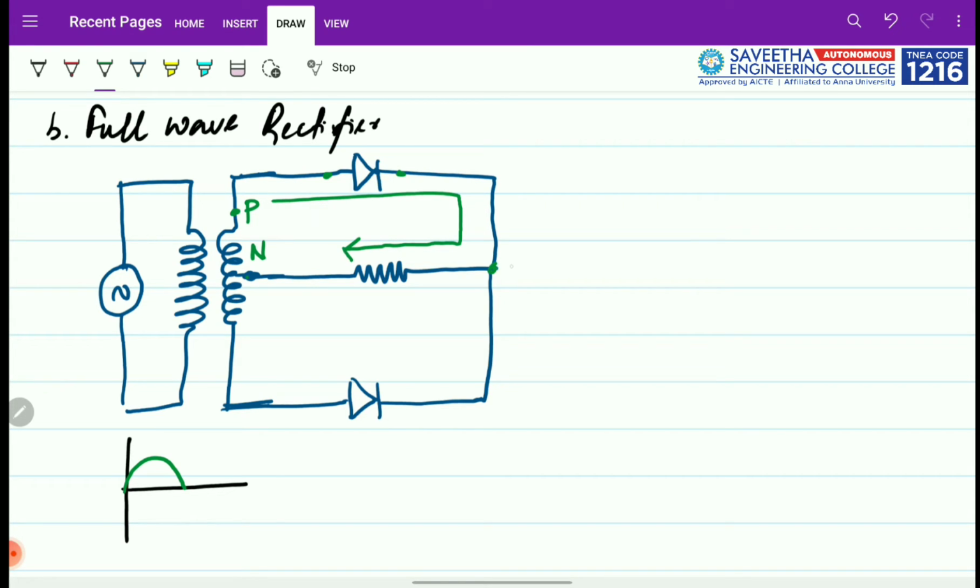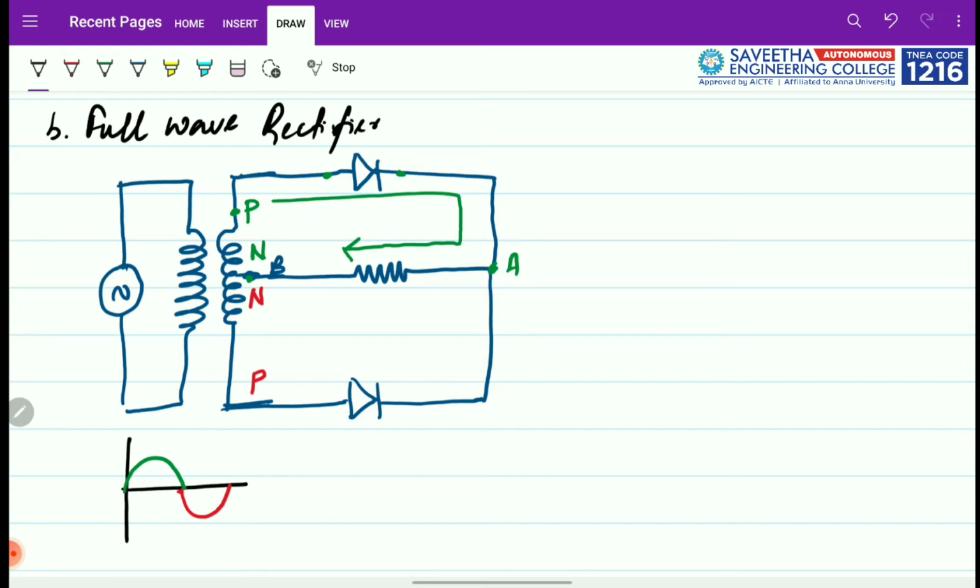Now let us assume this point is A and this point is B. In the negative half cycle, things change, this becomes positive and this remains the neutral, that is this is the phase and this is the neutral. So now the second diode can activate in the second half cycle.